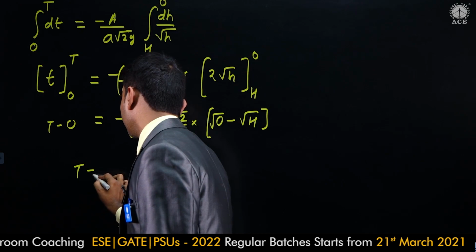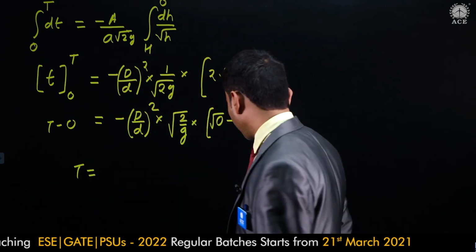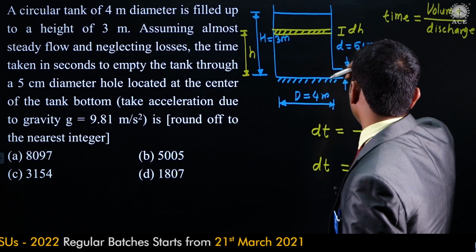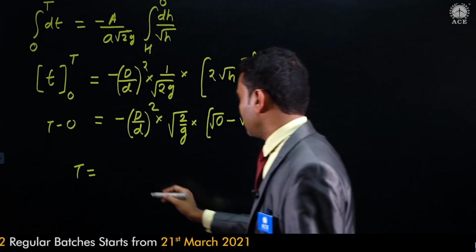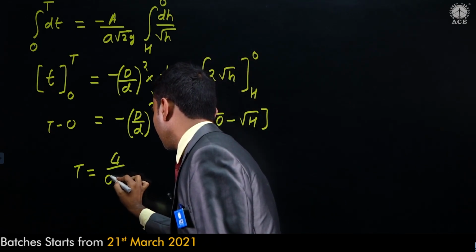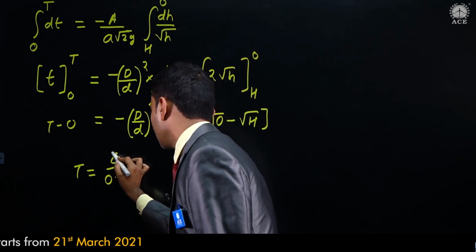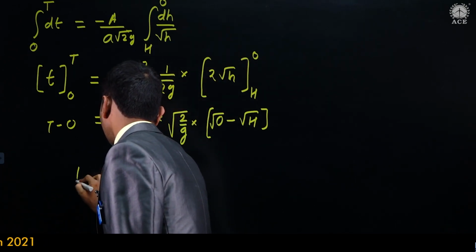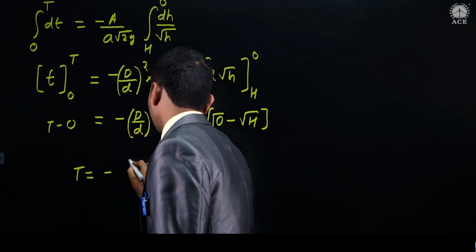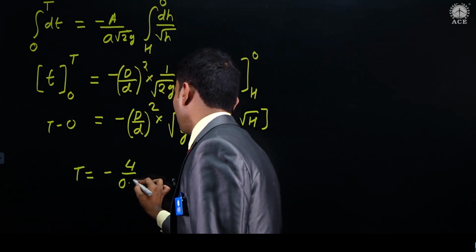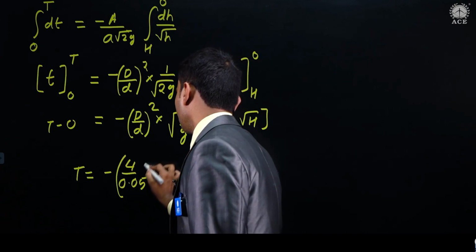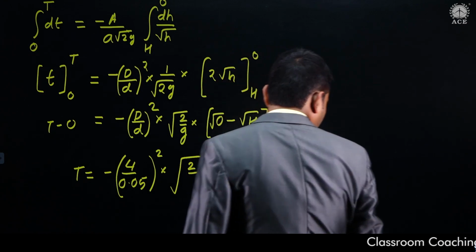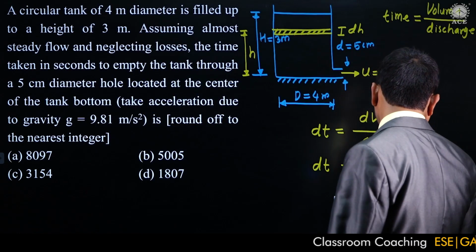So T equal to, now substitute the values. Capital D, the diameter of the tank, is 4 meter. Small d is 5 centimeter. So 4 meter divided by 0.05 meter whole square. T equal to minus sign is there, 4 divided by 0.05 whole square into square root of 2 divided by, what is the value of g given? 9.81.